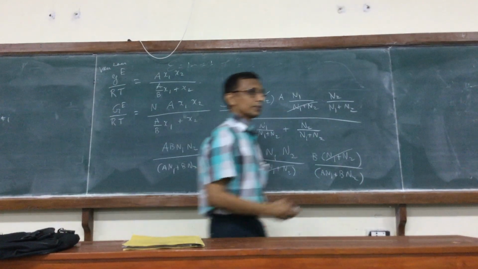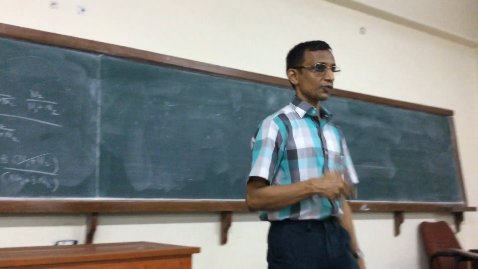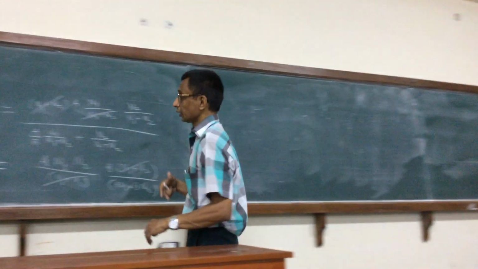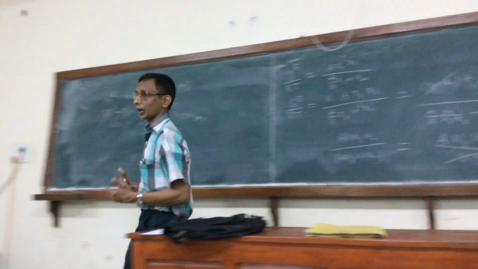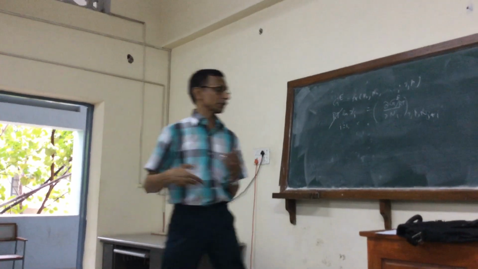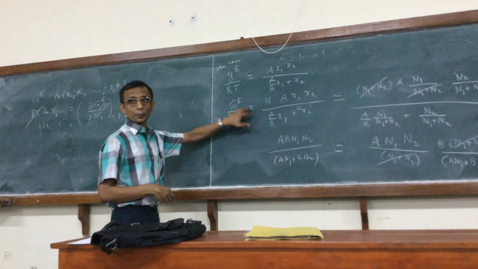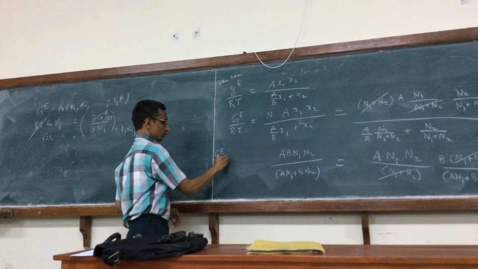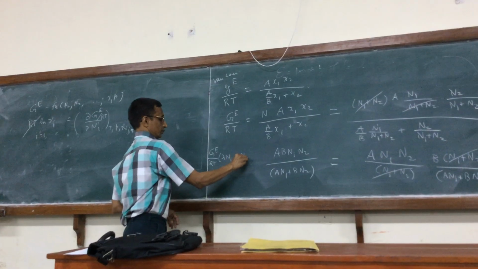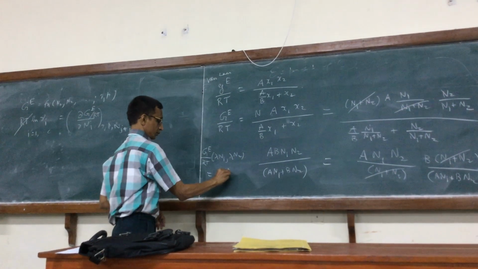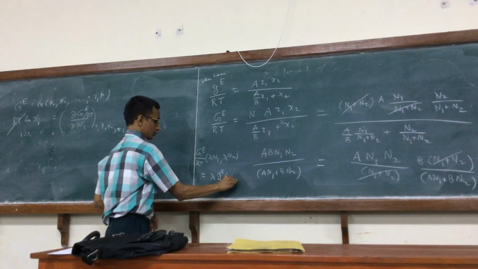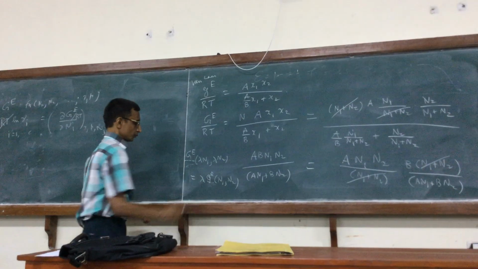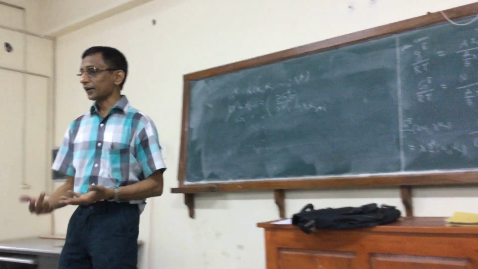One thing you have to check, because there is a lot of talk about how any model should satisfy the Gibbs-Duhem equation. We can check whether any model for the excess Gibbs free energy is going to lead to gammas which will satisfy the Gibbs-Duhem equation by checking if this is actually an extensive property. If this is to be an extensive property, then it should satisfy the homogeneity condition, taking the RT out of it. Whether this is being satisfied or not, you have to check.